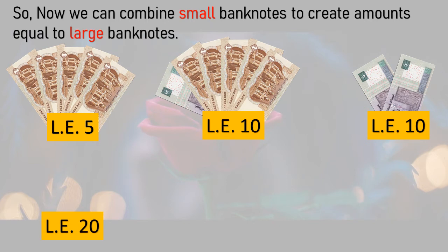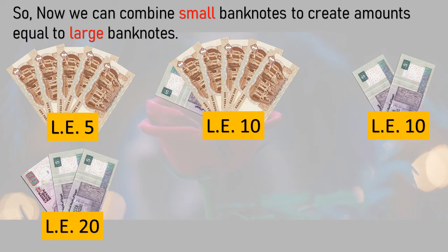Okay, what about 20 Egyptian pound? I can pay 20 if I have 1 banknote of 20 or 1 banknote of 10 and 2 banknotes of 5 because this is 10, 15 and 20, right?